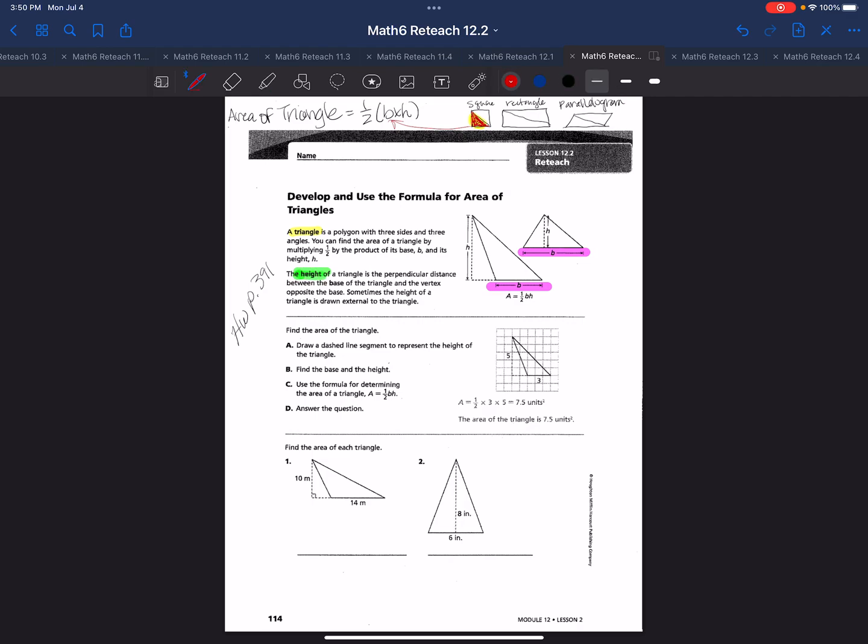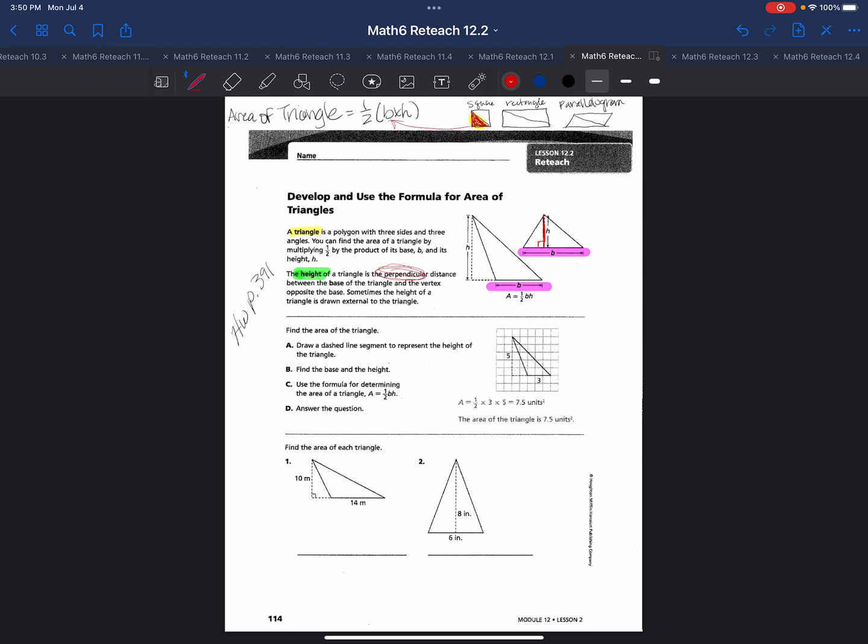The height of a triangle must be perpendicular. So if you have a triangle and you can draw the height on the inside here, I see it's perpendicular to the base because it forms a right angle.